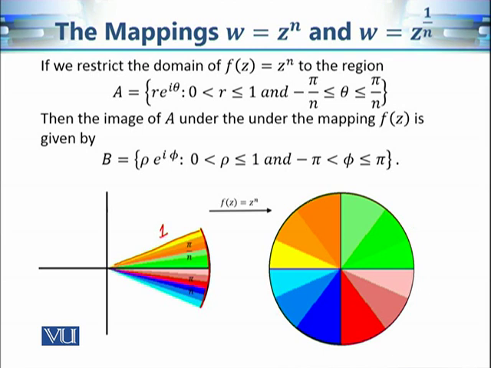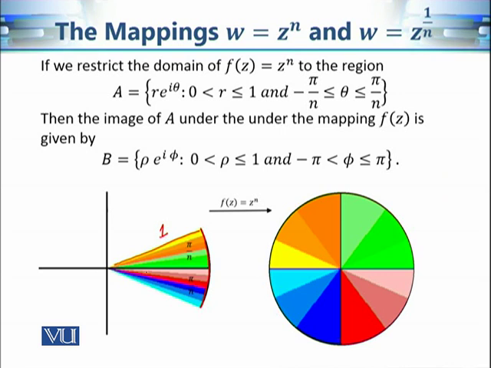So every image under this map of this sector will be contained in a disk because rho lies between 0 and 1. And what will happen with the angle, the argument theta? It will be multiplied with n. So that's why this phi lies between minus pi and pi. So that's why we will get the whole disk when we apply this function z raised to power n on this sector of this unit disk.